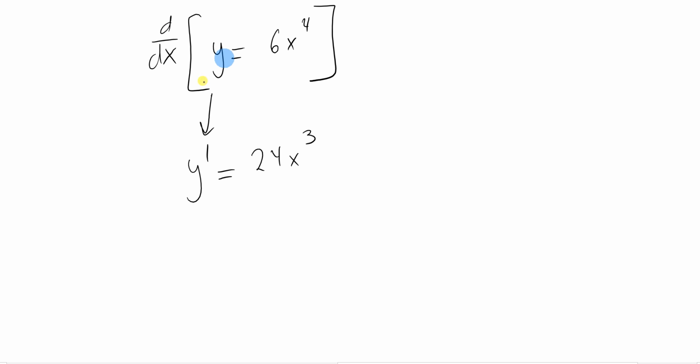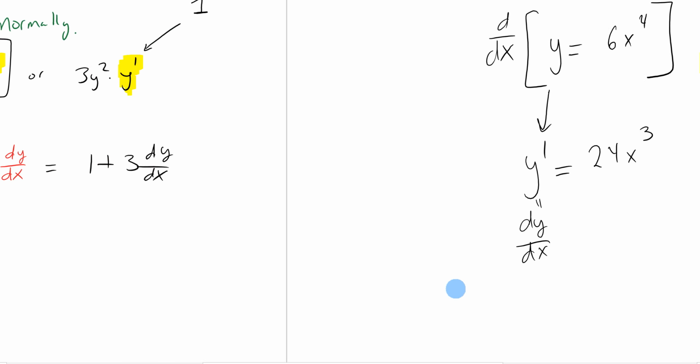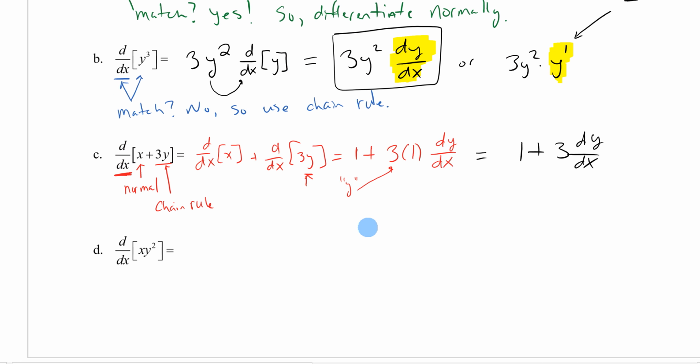The derivative of y becomes y prime, or in this notation, it's dy dx, and those two are the same. So it's no coincidence that the derivative of y just turns into dy dx. However, if it's a derivative of y cubed, use power rule and then chain rule, which would yield this derivative.